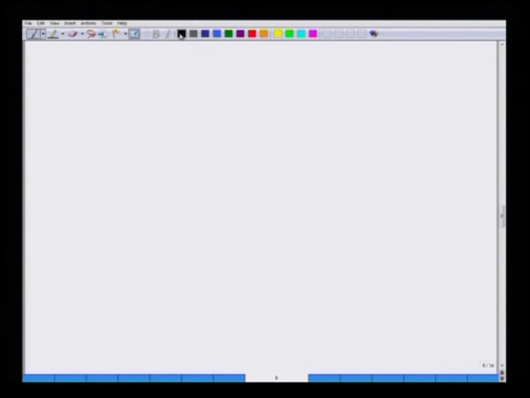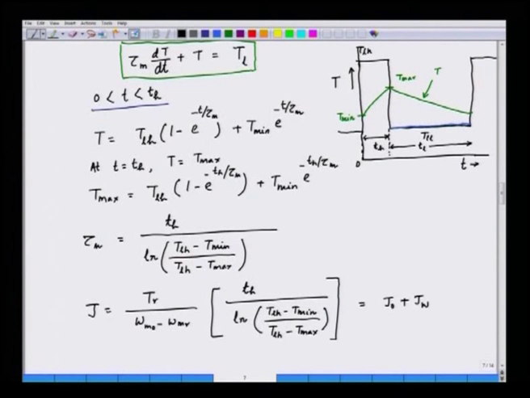We have the equation for T prime greater than 0 and less than TL. Now, what is T prime? T prime is T minus Th. So, if we concentrate on this part, what is the initial condition here? The initial condition is T maximum, and what is the final here? Final is T minimum.